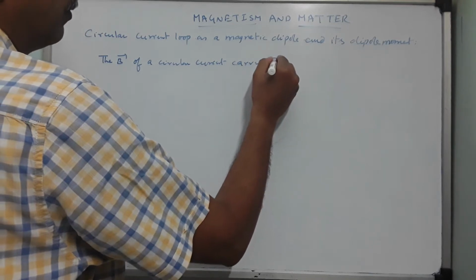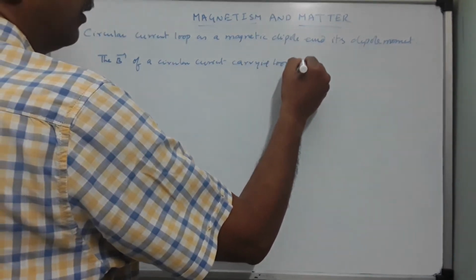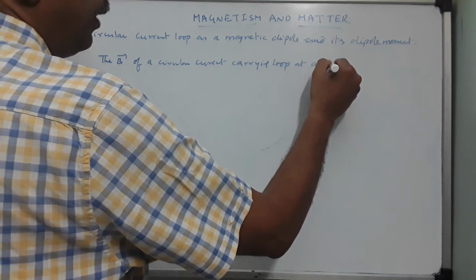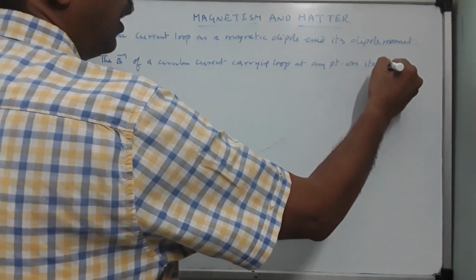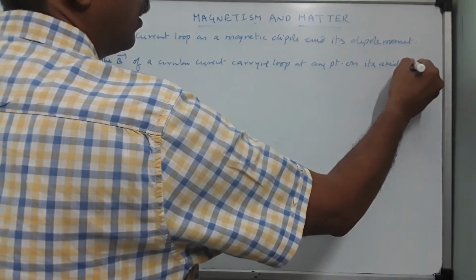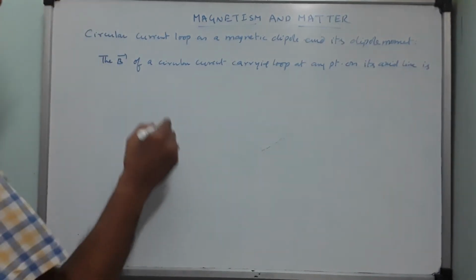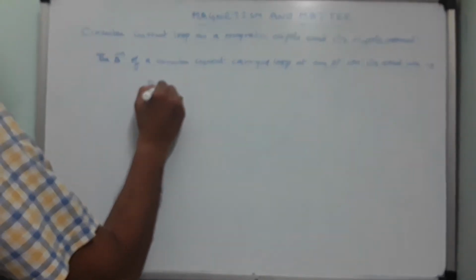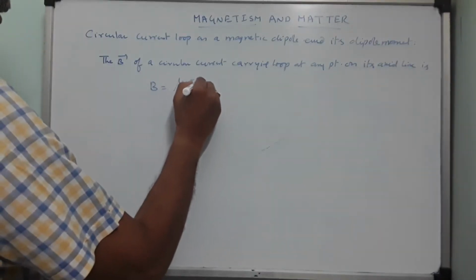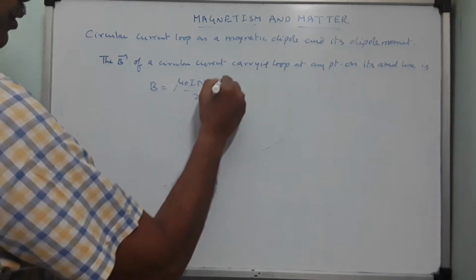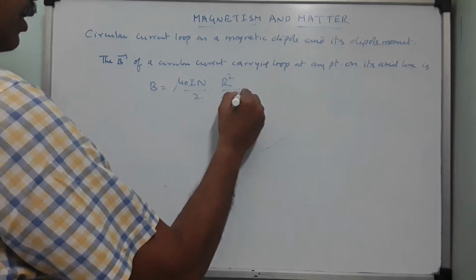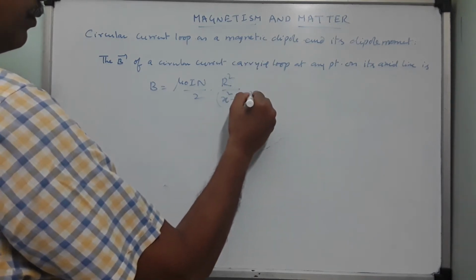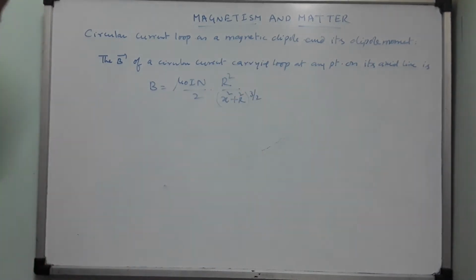Current carrying loop at any point on its axial line is B equals to mu naught I into N divided by 2 into R square divided by X square plus R square whole to the power of 3 by 2. Do you remember this, children?